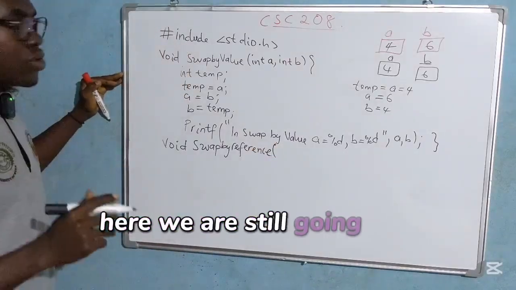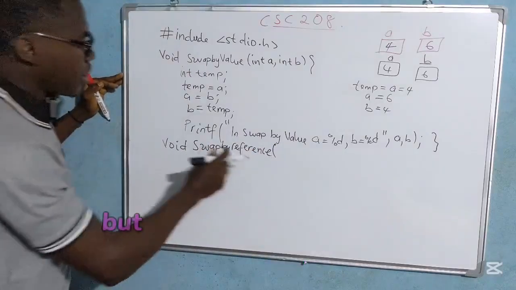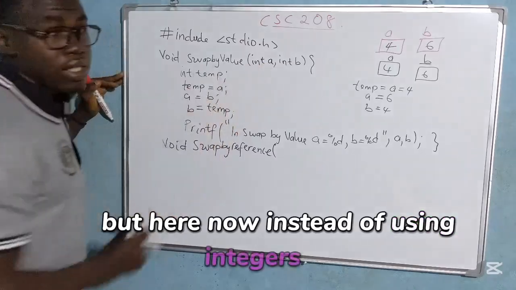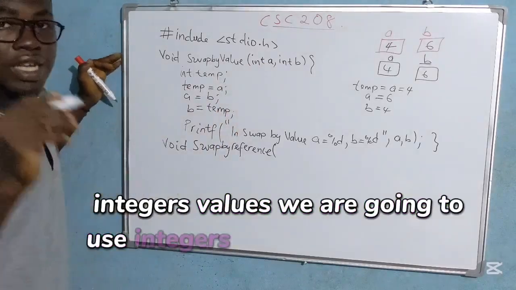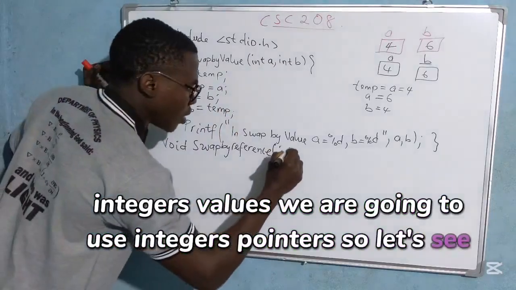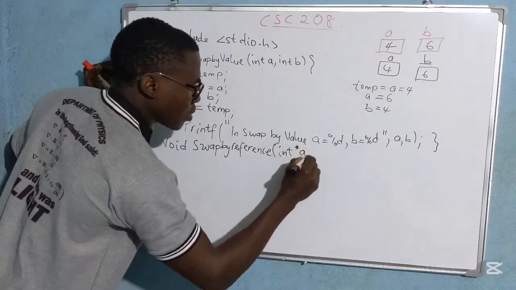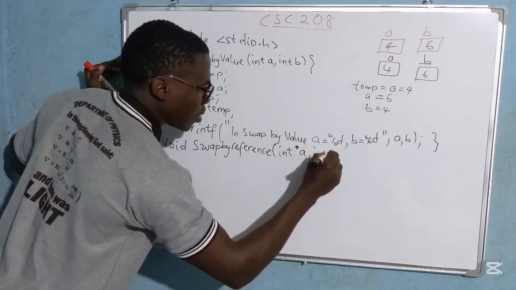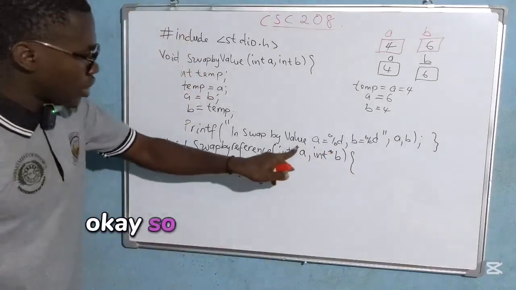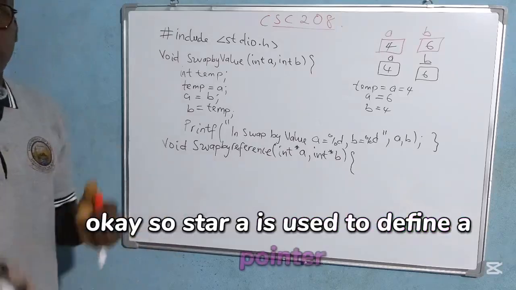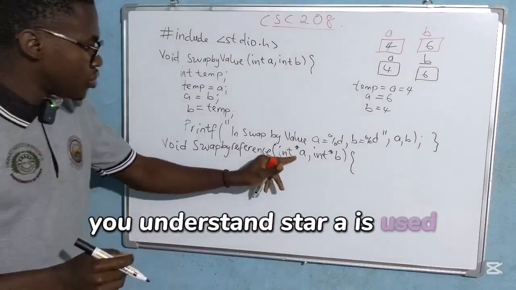Here we are still going to need two parameters, but now, instead of using integer values, we are going to use integer pointers. So let's see, int star A. Star A is used to define a pointer.